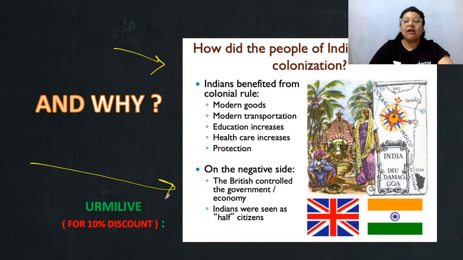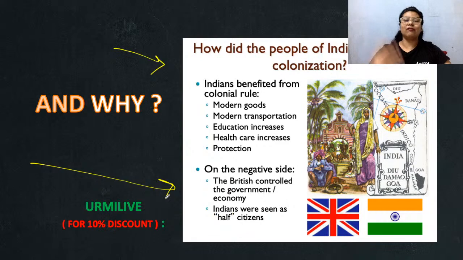Indians were seen as half citizens. Why? Because they had to believe and do whatever the Britishers were telling. We had to follow whatever they asked us to do. We were giving our lands away. We did not have a proper right on the same land which was owned by us. They were taking it away. Farmers faced torture even then. People were not given wages, they were given low wages or no wages at all for their work.